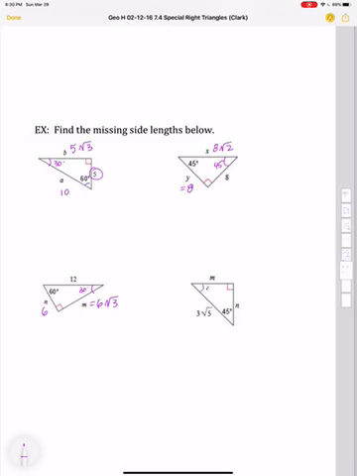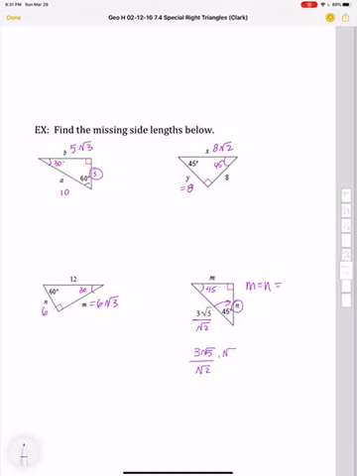45, 45, 90 means, oh, this is a nice one. Okay, so m and n are the same. And normally you would multiply this by root 2. So I'm going to go the other way. So I'm going to divide by the square root of 2. So 3 root 5 divided by the square root of 2.